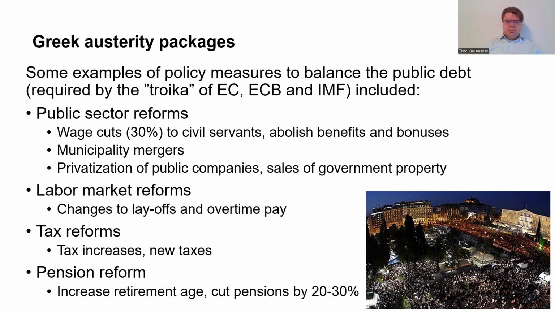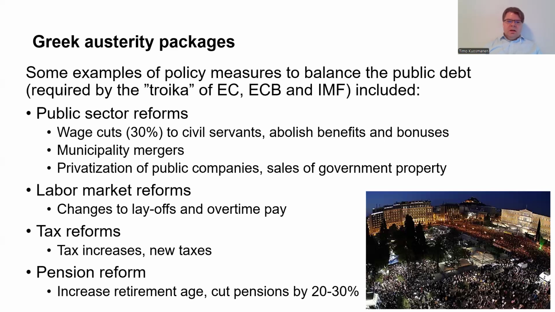Some of the so-called austerity measures that had to be taken included public sector reforms, for example very substantial wage cuts to civil servants, and abolishing benefits and bonuses. There had to be some municipality mergers to cut down costs. There was sale of government property and privatization of public companies to generate some money.